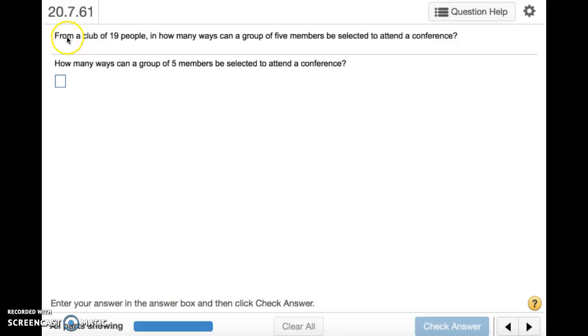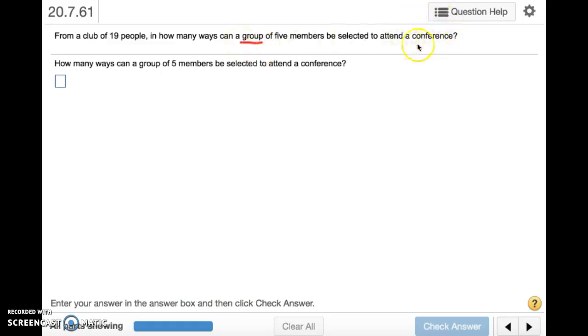Right, so this question says, from a club of 19 people, in how many ways can a group of 5 members be selected to attend a conference? So the first thing that you have to figure out is, is this a permutation or a combination? And right here is a key word. It says a group of 5.